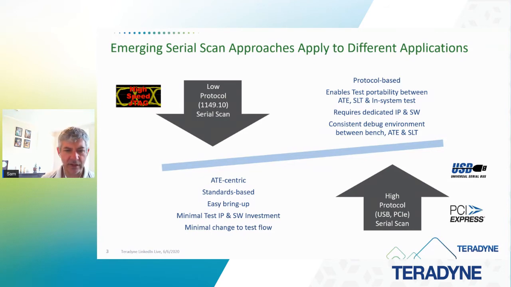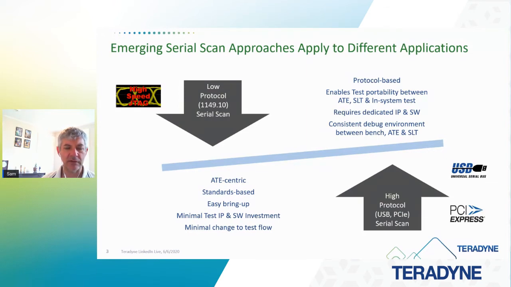On the right side, the high protocol scan has some additional benefits for customers that are using system level test. There's strong portability of a test between an ATE environment and an SLT environment, and even the ability to execute in system test or power on self-test in applications like automotive.